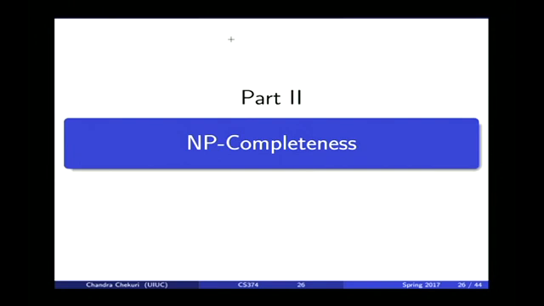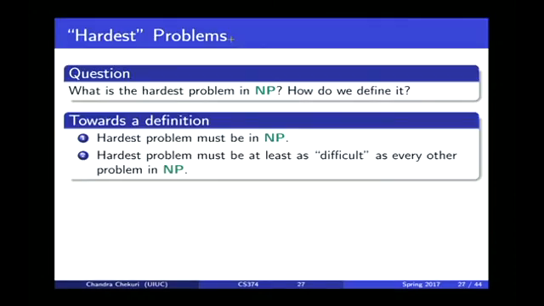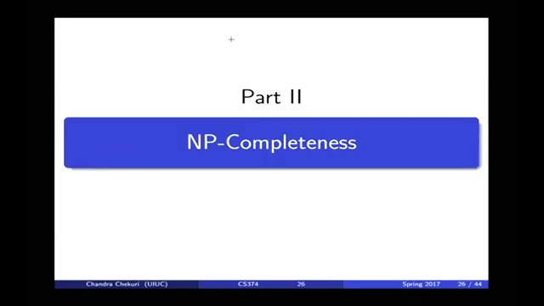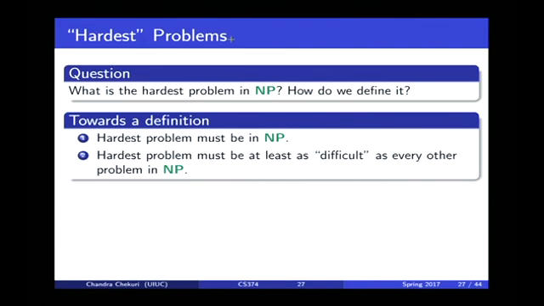Let's look at something that you need to do for your final, NP-completeness. So let's see what it is that we want to get to. Now P is contained in NP, and NP has a lot of problems. It contains P and many other problems. So we want to ask this question, and whether it makes sense or not, we'll figure out: is there something which is the hardest problem in this class?